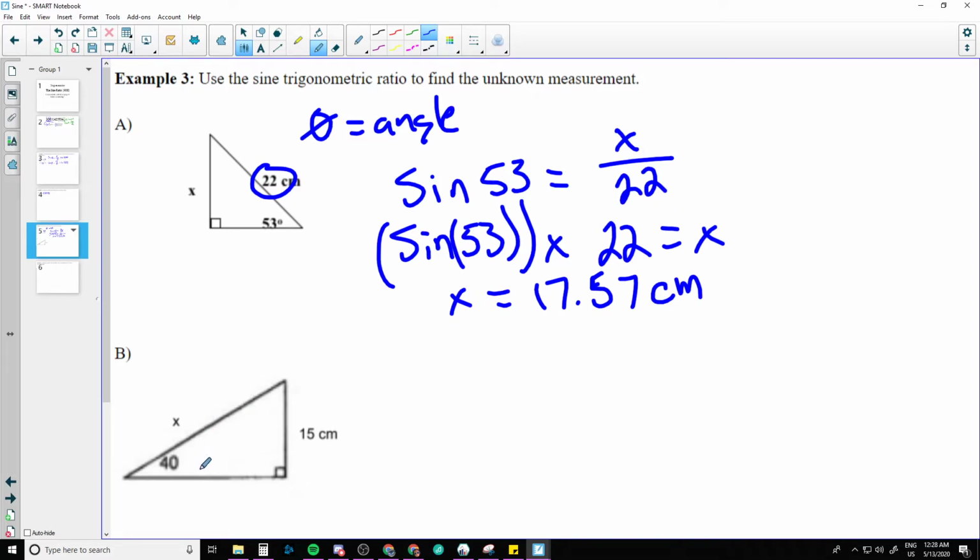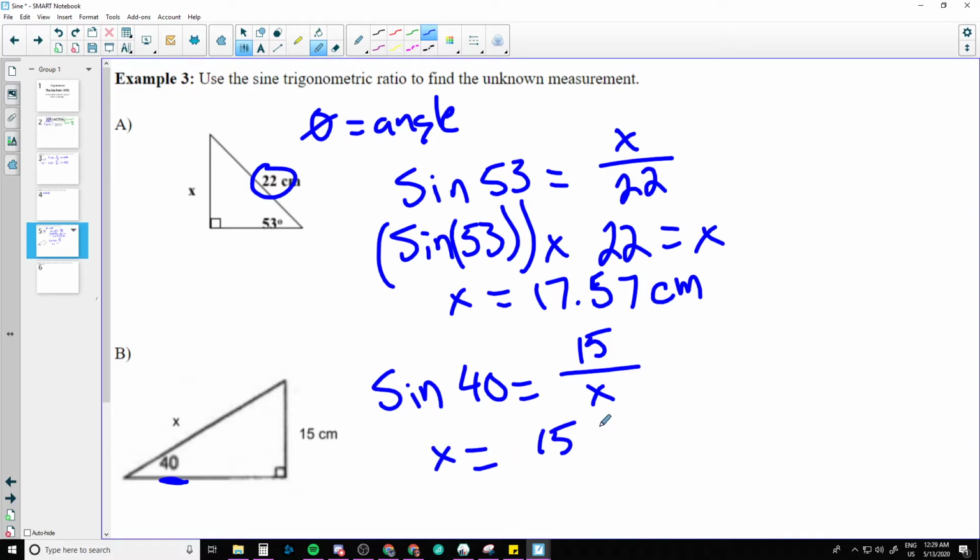Now let's take a look at an example where the x is going to end up on the bottom because we've got sine of 40 degrees. Opposite over hypotenuse. Opposite is 15. This time we don't know what the hypotenuse is. Okay, now if you remember what we had to do last time, we multiply the x over to the other side and then divide by sine 40. So what we get is x equals 15 divided by the sine of 40.